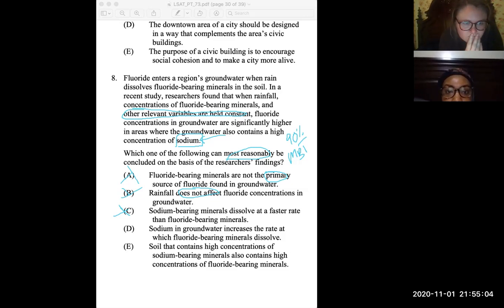I guess it just assumed that sodium comes from sodium-bearing minerals? I would say that's probably a stretch. Maybe the sodium comes from, I don't know, a fish. I have no idea. True. That's a hard question for the first 12.